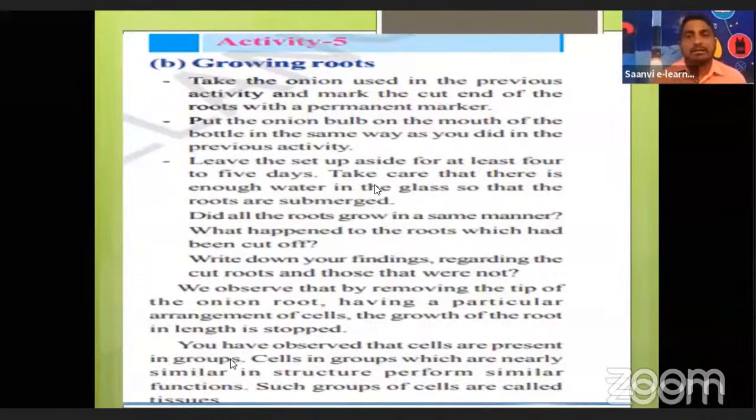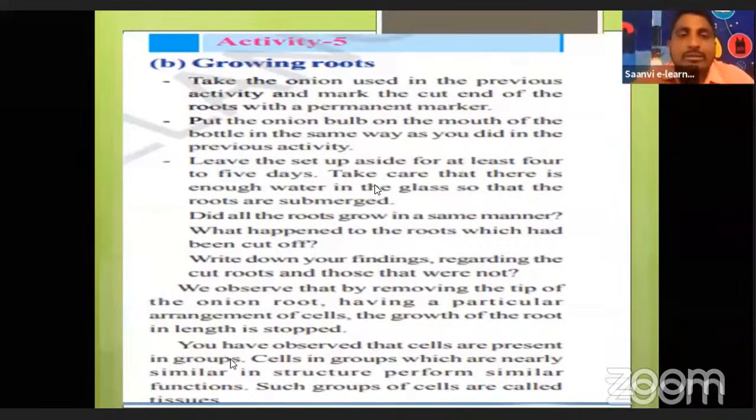In multicellular, they will divide their works and perform well. So for that, we can go to the next slide: what groups of cells are there, their names, and what functions can be performed.